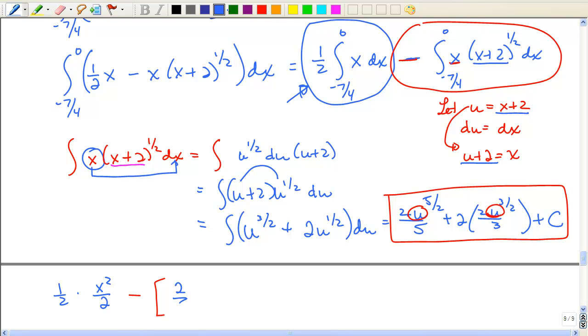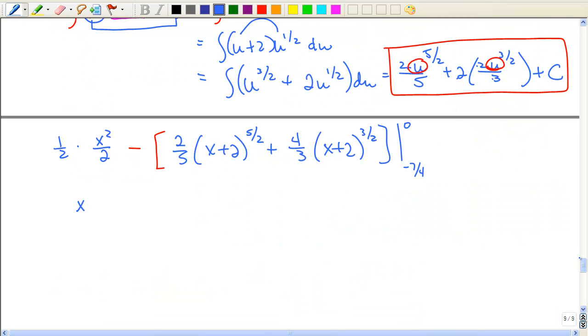So that's minus 2/5 times x plus 2 to the 5/2. And then this is going to be 4/3, 2 times 2 over 3, times u to the 3/2. And all that is integrated between negative 7/4 and 0. So I've got x squared over 4.